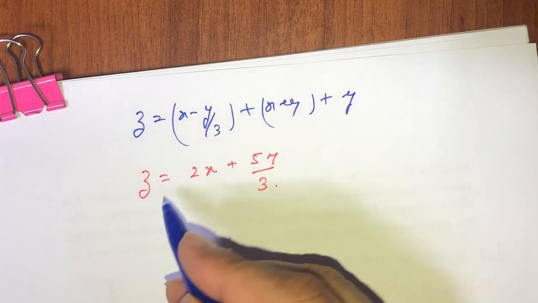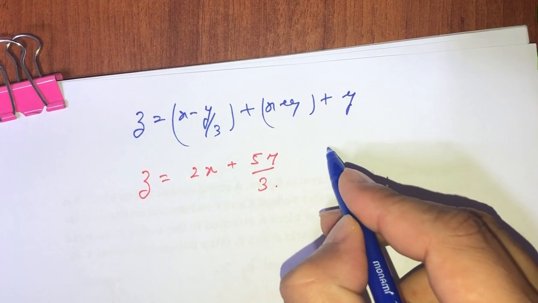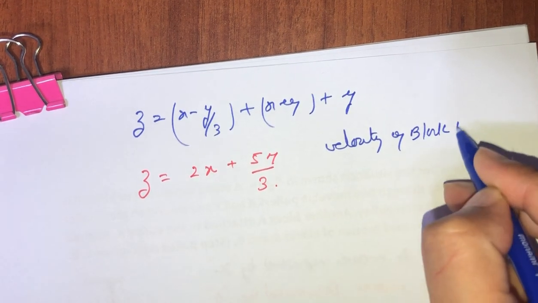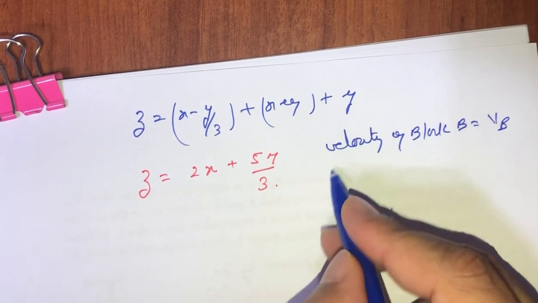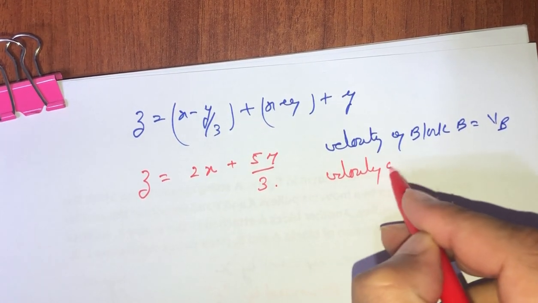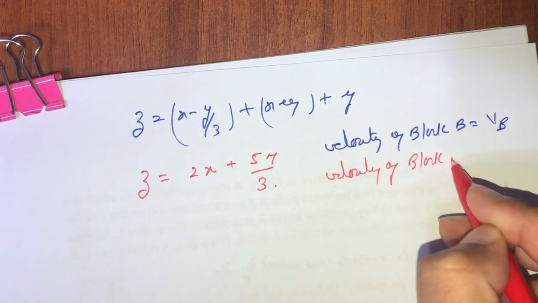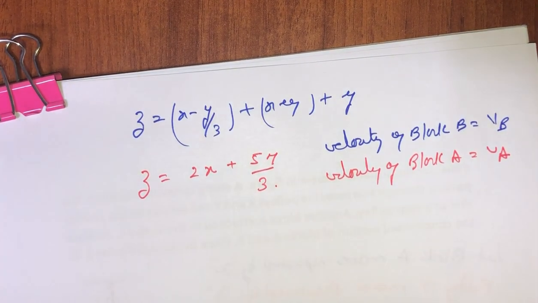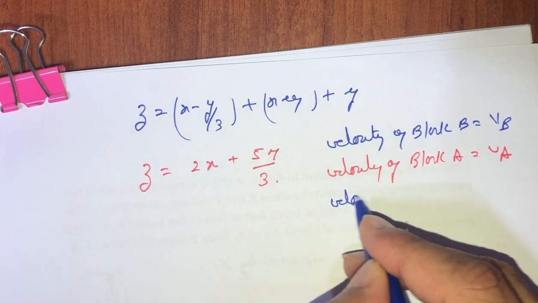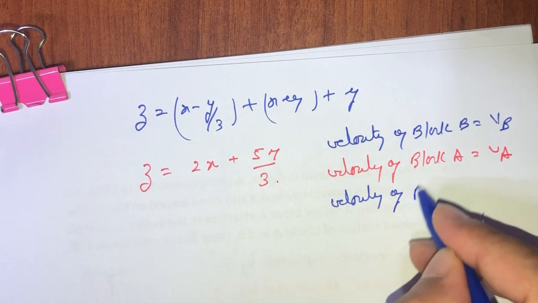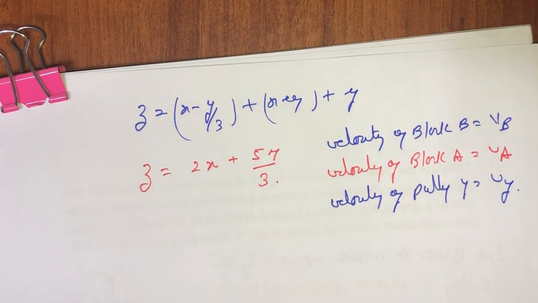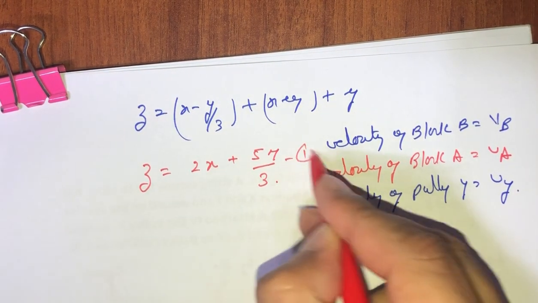If the velocity of block B is given as VB, velocity of block A is given as VA, and velocity of pulley Y is given as Vy, let us call this equation 1.